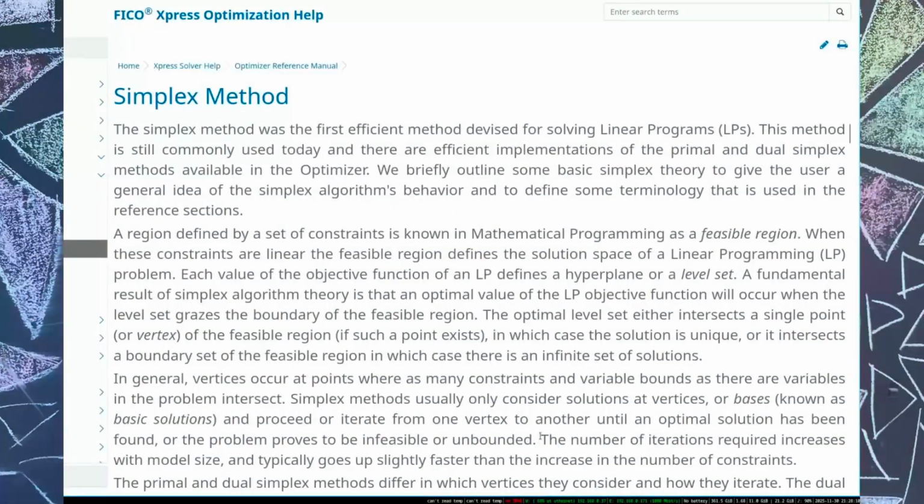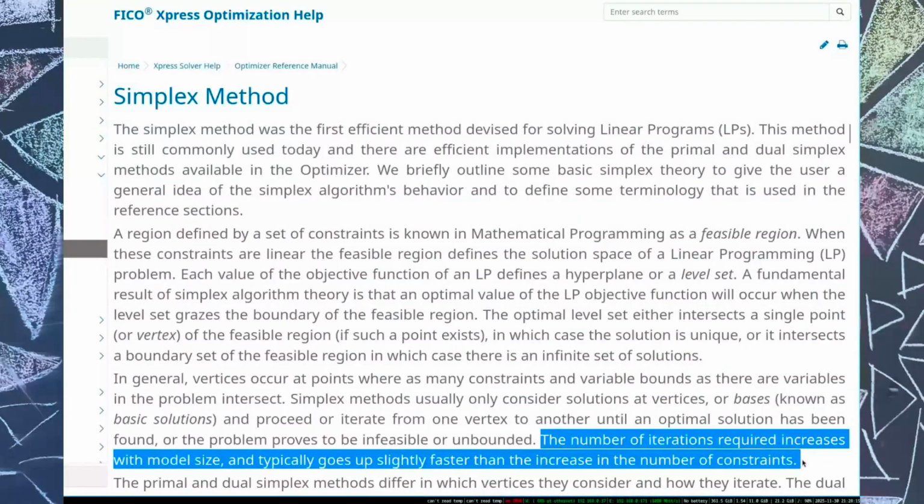That is our observed ground truth. This is the knowledge of over 75 years of anecdotes, and it is even mentioned in the FICO Xpress user manual. Now, our goal is to use theorems and proofs to understand why the simplex method is fast, why the number of pivot steps is this low.